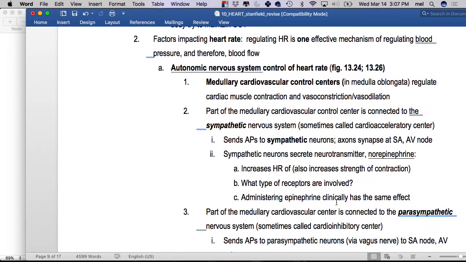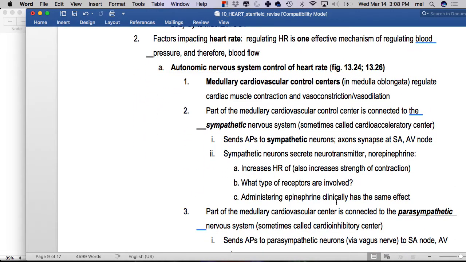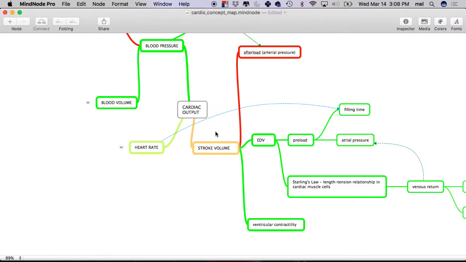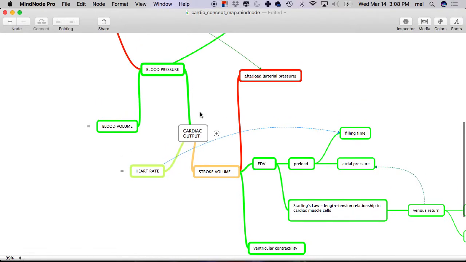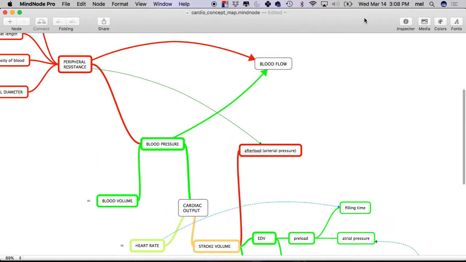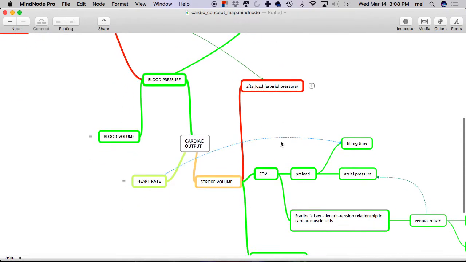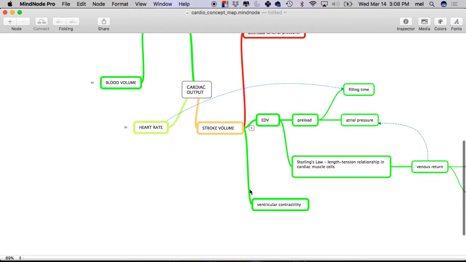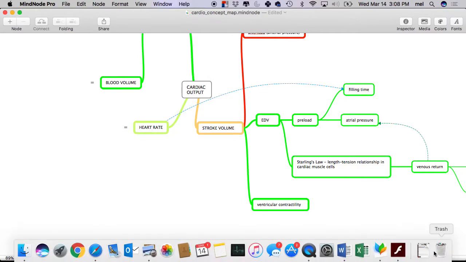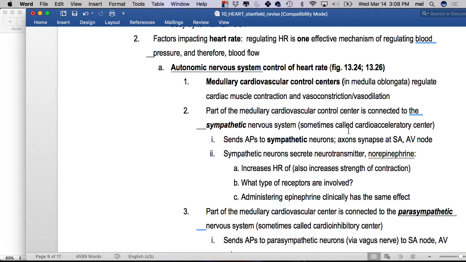So the next thing that we are going to talk about is the factors that are impacting heart rate. So, of course, regulating heart rate is one of the effective mechanisms to regulate cardiac output, therefore pressure, therefore flow, right? And this is the God of the entire table, right? Flow. So we know stroke volume now, and now let's talk about heart rate. You ready? Okay. So heart rate.